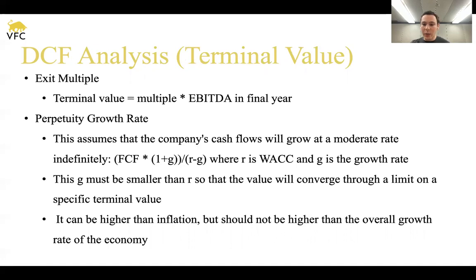So if you have an enterprise value over EBITDA multiple, you multiply it by final year EBITDA to get your terminal value. The other method is perpetuity growth, which assumes a constant growth rate that'll go on basically forever. So you apply the formula on the screen and you make sure that your growth rate is a reasonable number and is lower than WACC, because if it's higher than WACC, your terminal value will not converge.